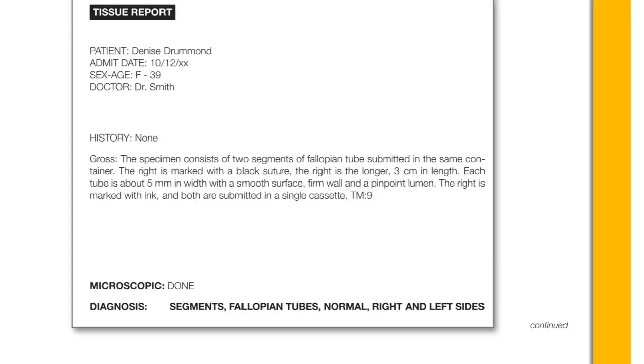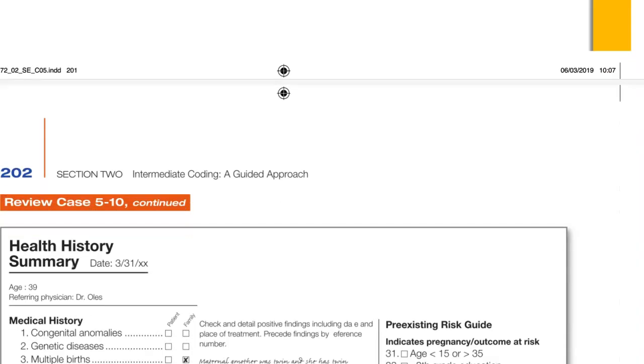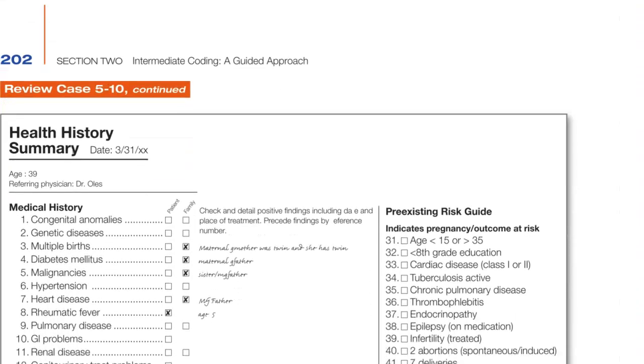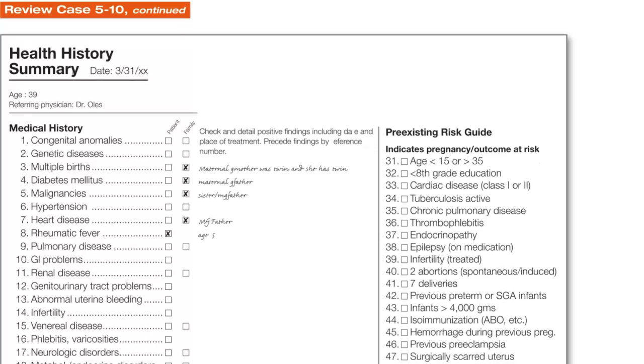This is just the path report confirming what the surgeon took out. So bilateral fallopian tubes, right? Both the normal right and left side are present in the path report. So that's good. Okay, health history. This usually comes to the hospital from the OB's office.